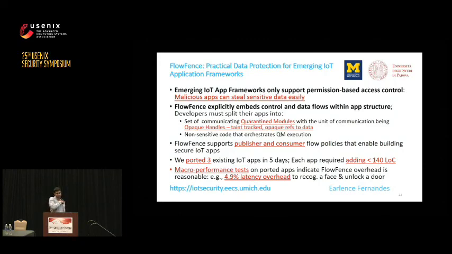So, I mean, the assumption here is that the only way to write the application would be to use FlowFence. Think of it like writing against an API, right? Like you write applications against the Android API, and you have to do that. There's no other way to write an application. And here you have to write an application against the FlowFence API. So that will be the only option? Yes. Okay. Yes. Thanks.